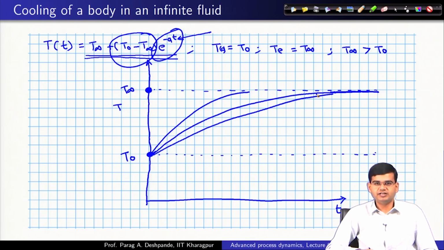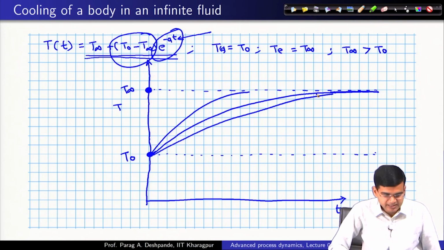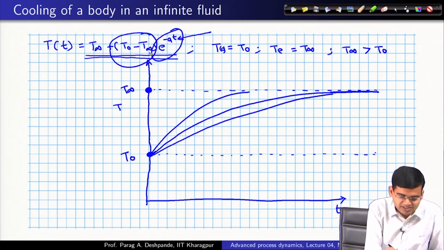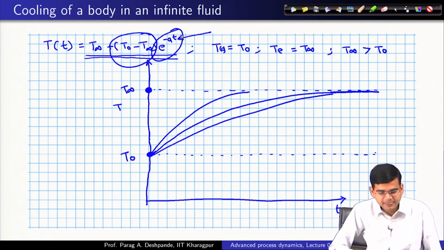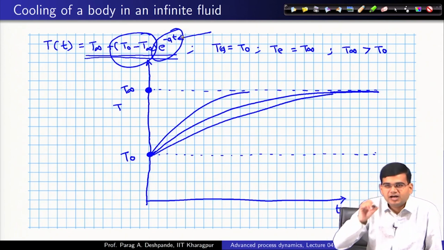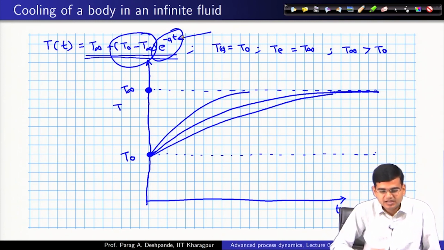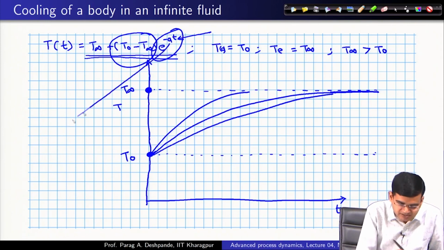Okay. So, what do we understand from this solution is that if you have T given as T infinity plus T 0 minus T infinity e to the power a t, the exponential part of your function will give the curve to the system. What is the importance of this parameter a?